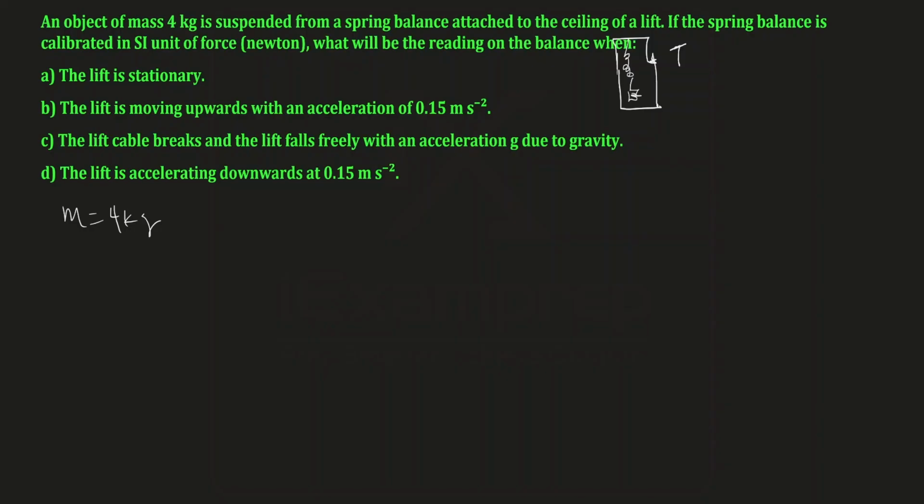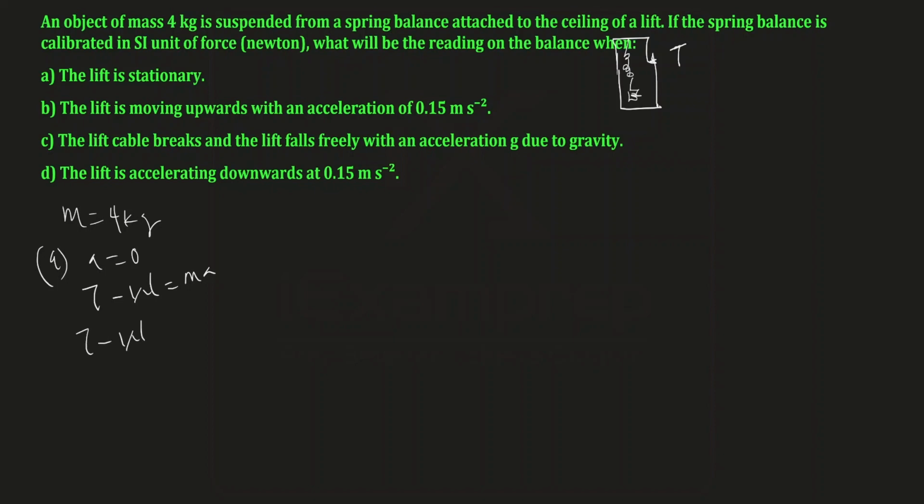What will be the reading on the balance when the lift is stationary? The first case, question A, is when it is stationary. When it is stationary, acceleration is equal to 0. So even if we say that tension minus weight is equal to ma, we have that acceleration is equal to 0.